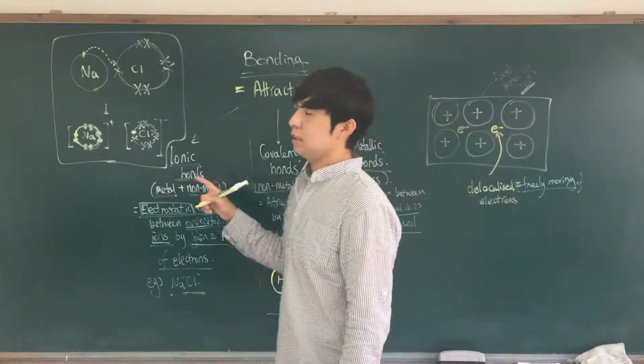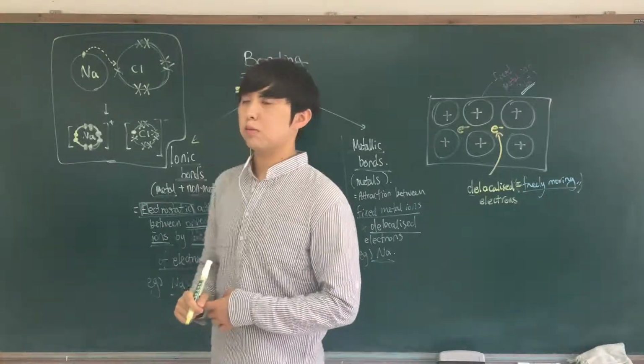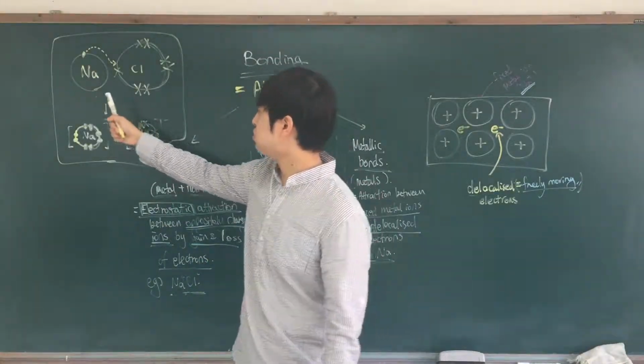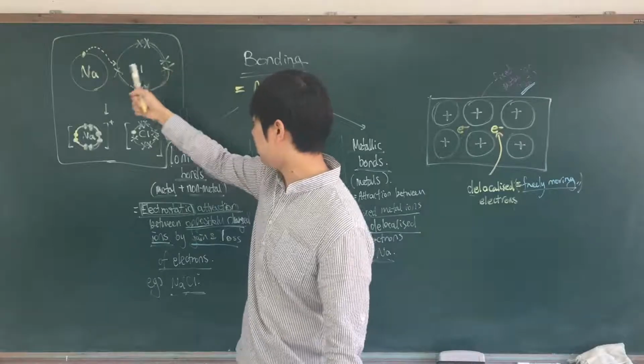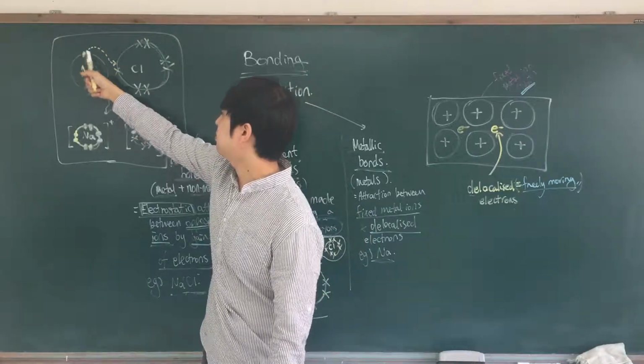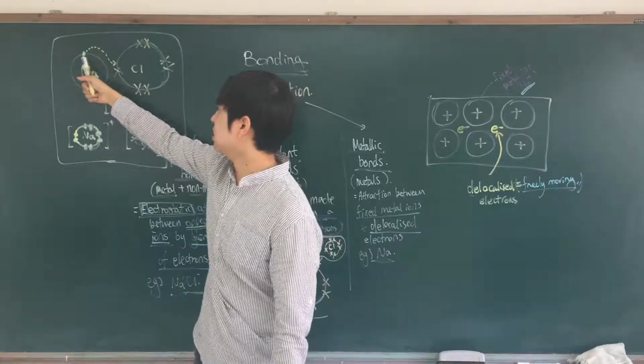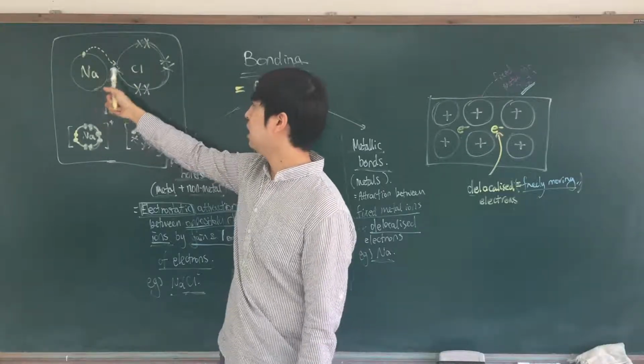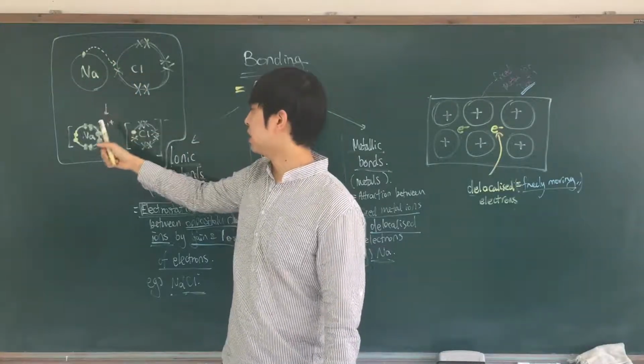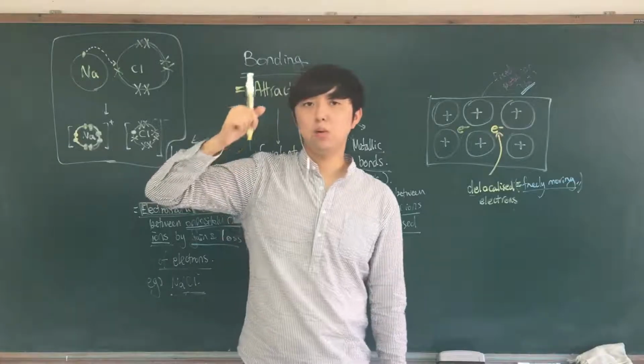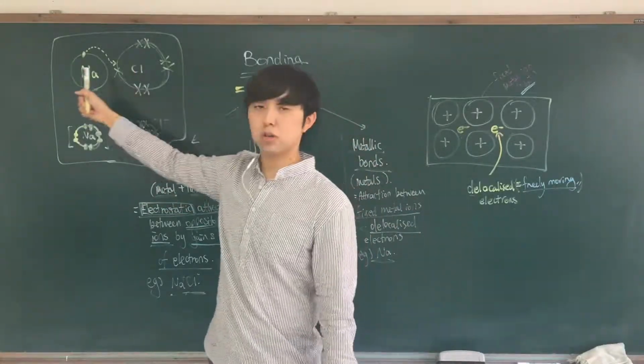Both Na and Cl need to have 8 electrons to become stable, so when I draw that dot and cross diagram, you see that the dot is coming from the Na and going into the Cl, because Na does not need 1 electron to be there in the outer shell.